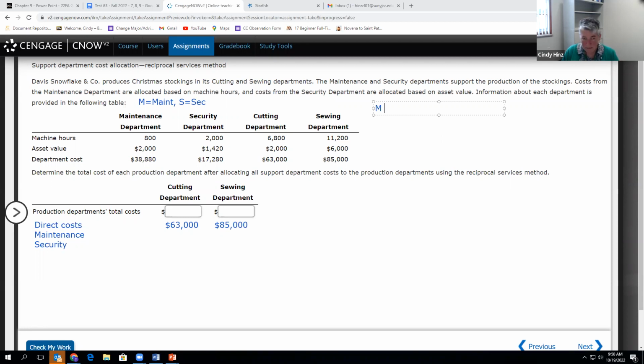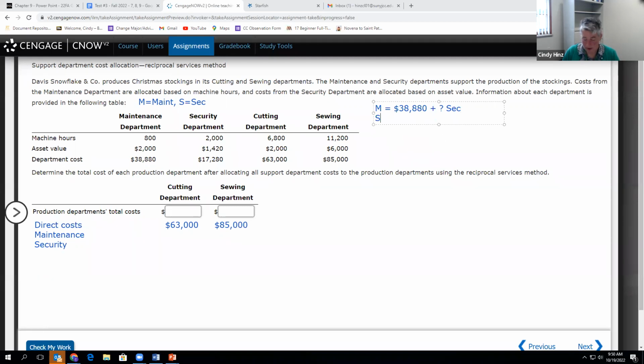So the maintenance department costs are $38,880 plus some part of the security department. So I'm just going to, for now, put a question mark in there, plus some part of security.